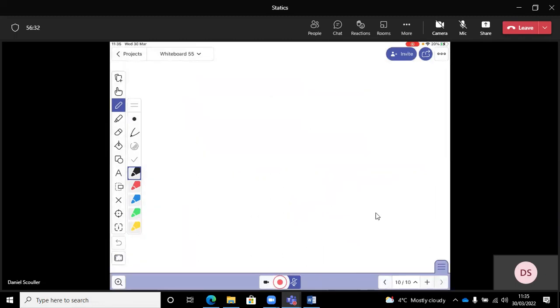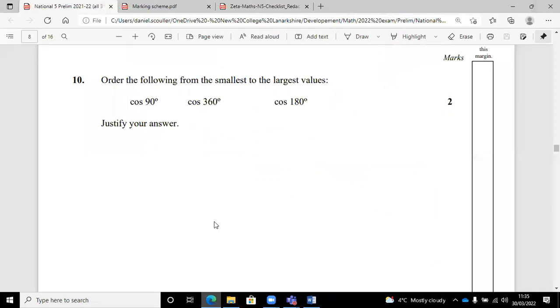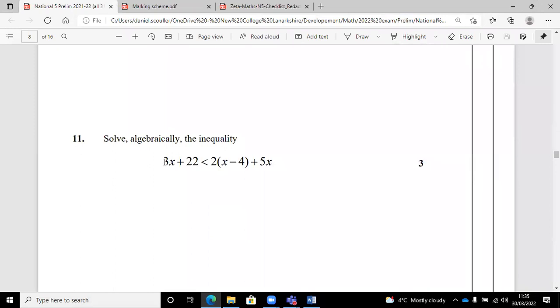Okay, question 11. Solve algebraically the inequality. All we're looking for is to get to a value of x.